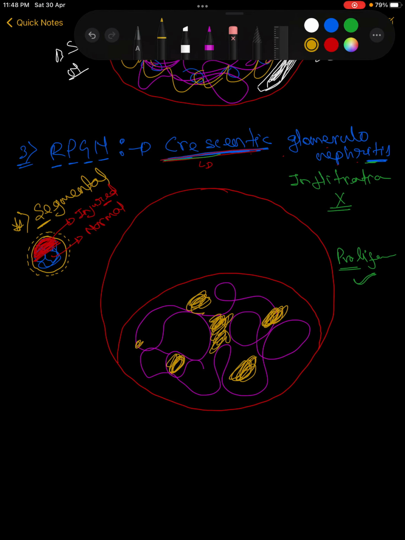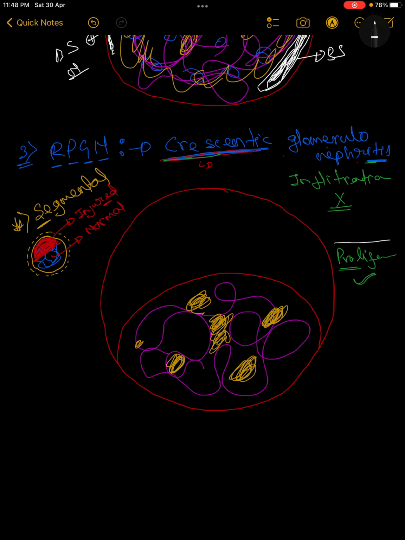The crescentic part will be abnormal. In the crescentic part, what will we find? We will find this proliferation, okay? First we have to know what will proliferate. The proliferation will be our epithelial cells.